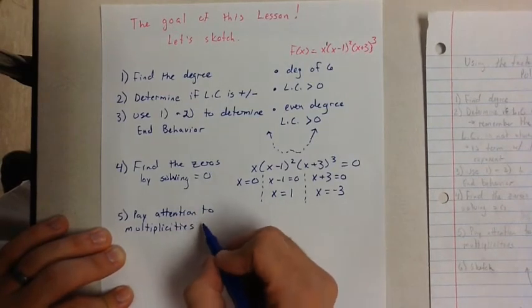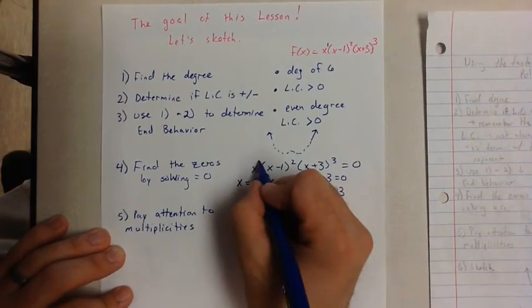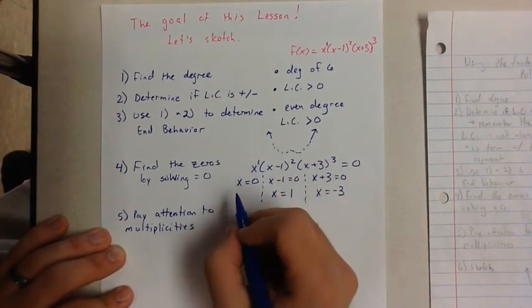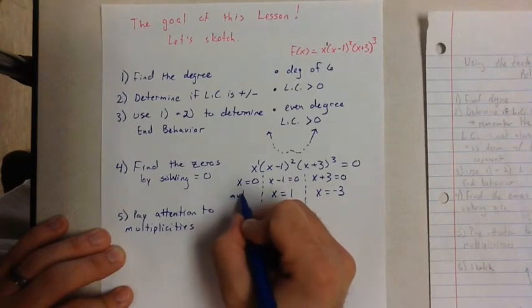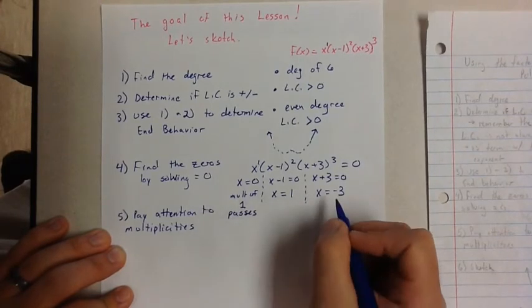That's where we look at the even or odd degree the factor has. So our x plus 3 had a degree of 3, so a multiplicity of 3, which is odd, means that our graph passes through at that 0.